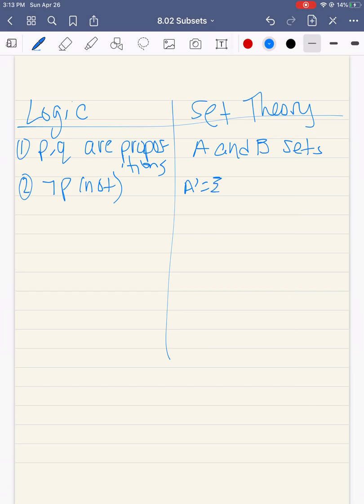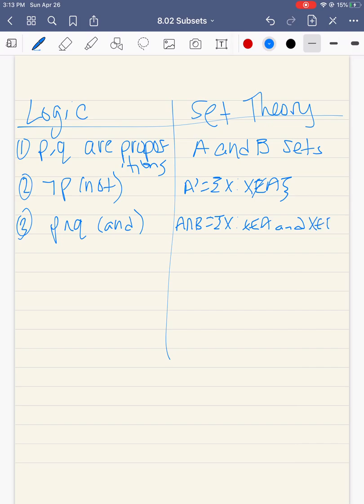And again, just to recap from yesterday, this is all of X such that X is not in A. Our third comparison is between "and" and intersection, so P and Q. So we have A intersect B is equal to the set of X such that X is in A and X is in B. So this is intersection.